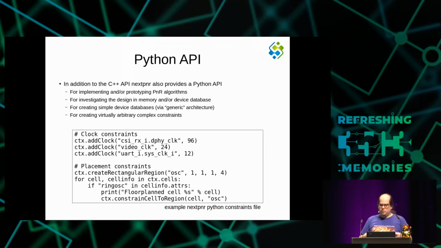But you can also write actual code in Python that does stuff like iterating all the cells in the design and then checking if those cells have a certain attribute set. And if they have a certain attribute set, then add them to a certain placement constraint.